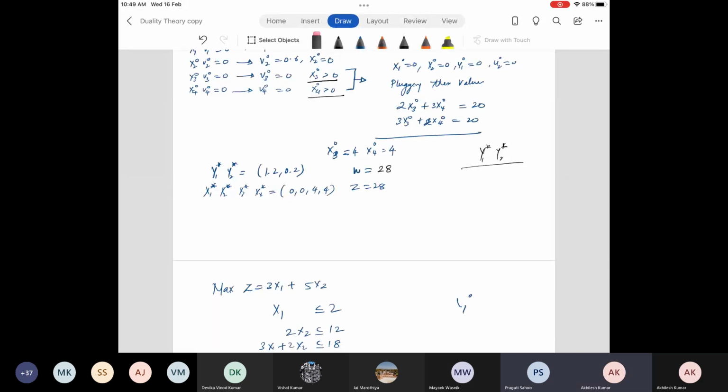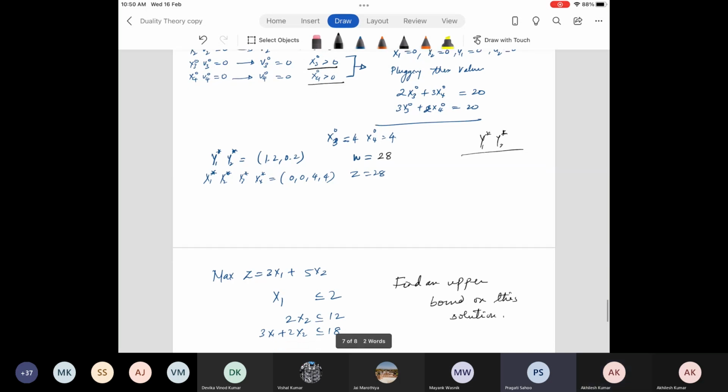I gave you this problem and ask you to find an upper bound on this solution. How can you find that?